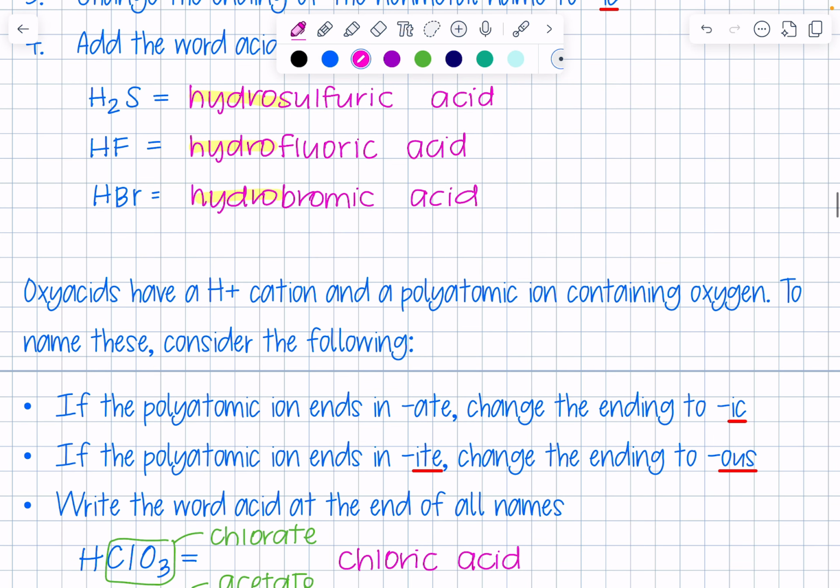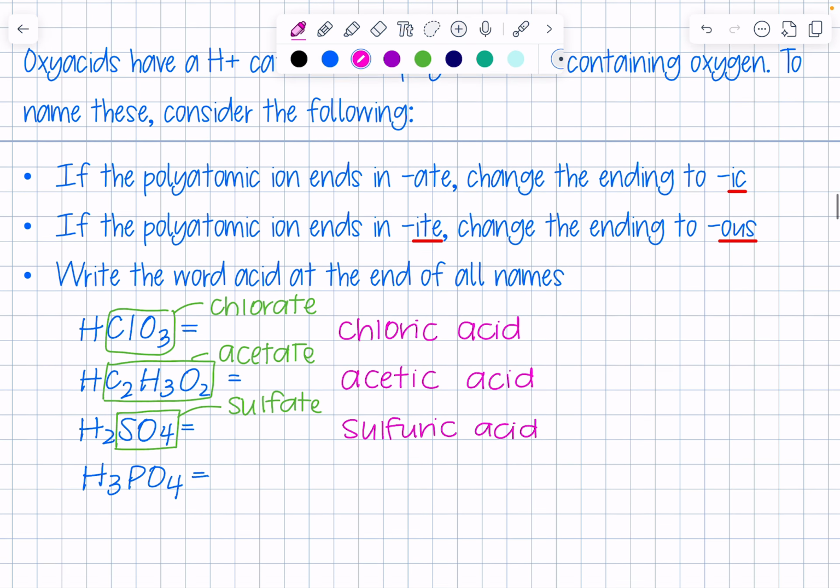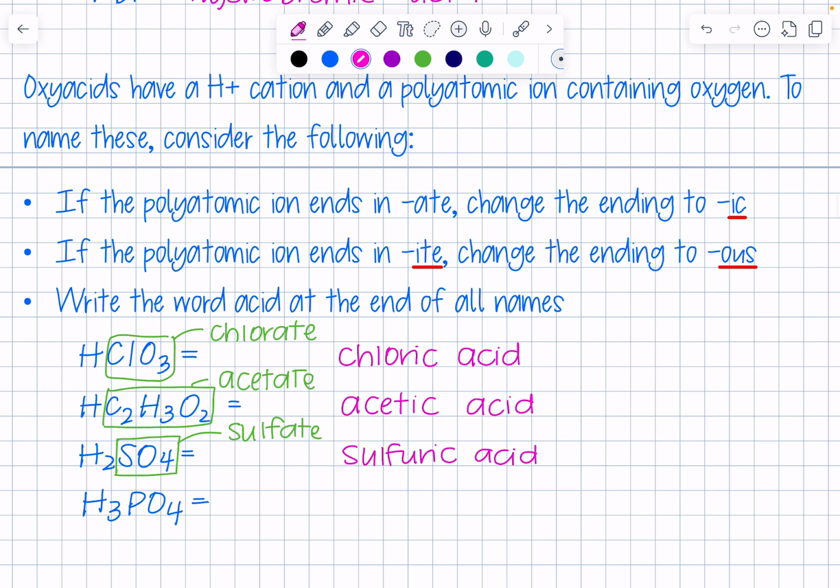That's how you tell the difference. If it's hydro, it is a binary acid. All right, and then this last one here that I've got written down, this is a phosphate. So this would be phosphoric acid.